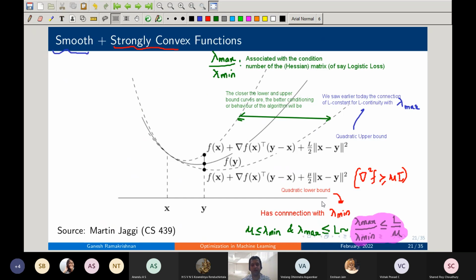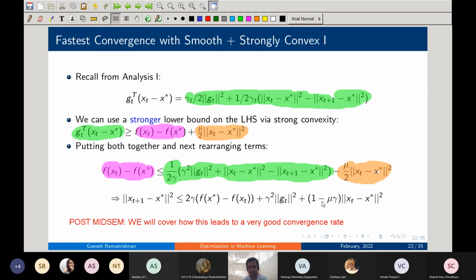So for midsem, I've just given you a hint of how strong convexity might change things, right? Change the scenario. But the exact convergence proof, I want to do it in the remaining 10 minutes. I will not be covering it in the midsem. Okay. Any questions so far?